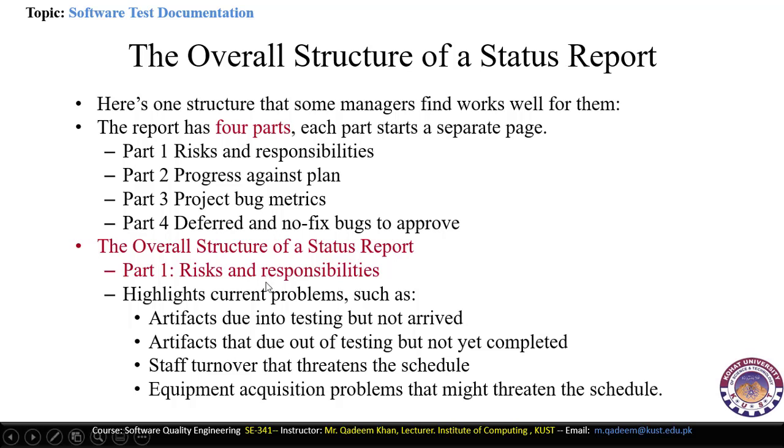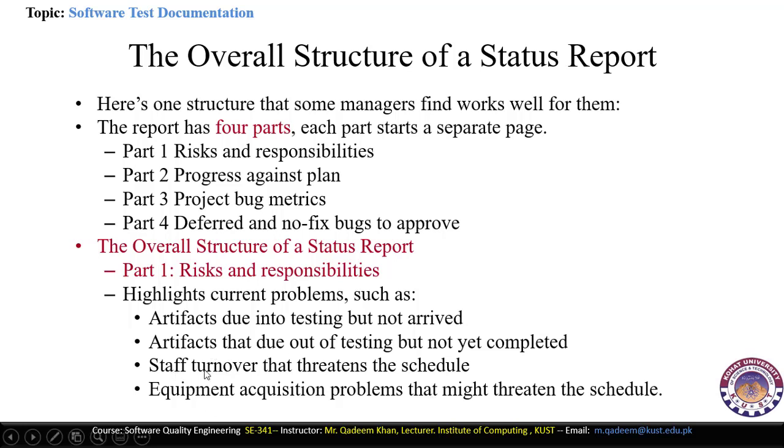For example, artifacts due into testing but not arrived. For example, certain artifacts which are due into testing but are not provided on time for the software testing, and artifacts that are due out of testing but not yet completed. So these are items which are not completed and should be completed for that particular schedule.